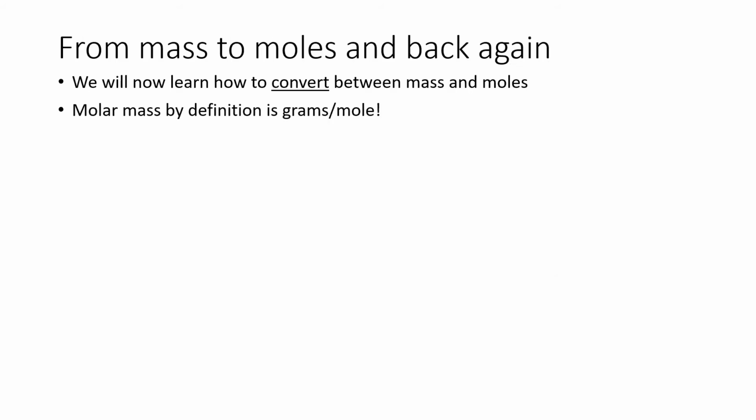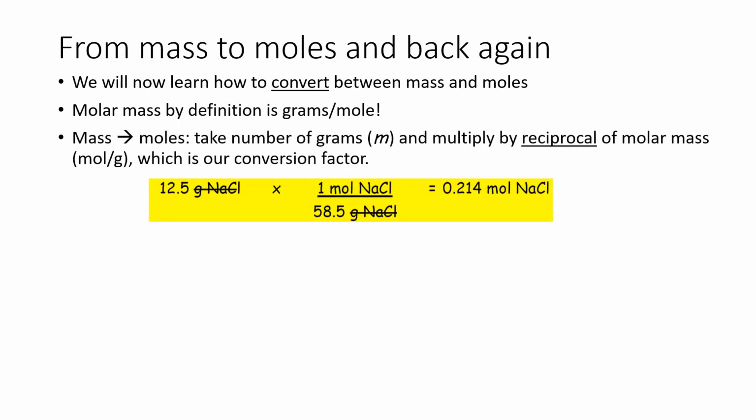The next good thing and powerful thing that we can do with moles is we can convert from mass to moles and back again. We want to keep in mind that molar mass by definition is grams per mole. That's something we're going to refer to as a conversion factor going forward. And it's going to allow us to convert from mass to moles as seen here.